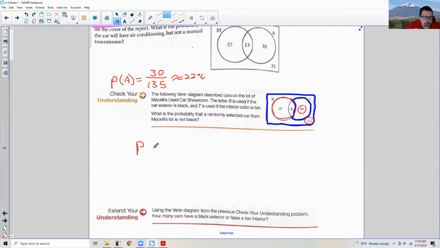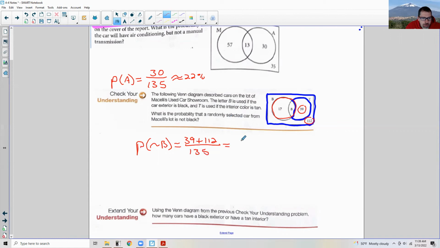So the probability of something not being black equals the probability of it having a tan interior and not black, which is 39, plus the probability of it not having a tan interior or a black neither, 112, over the total, which was 135.